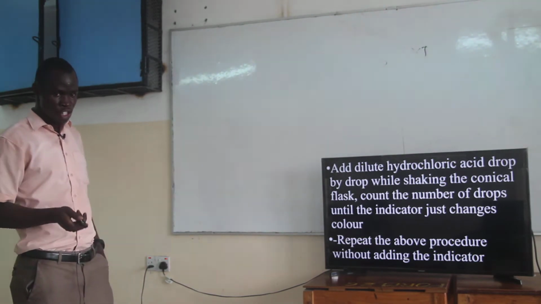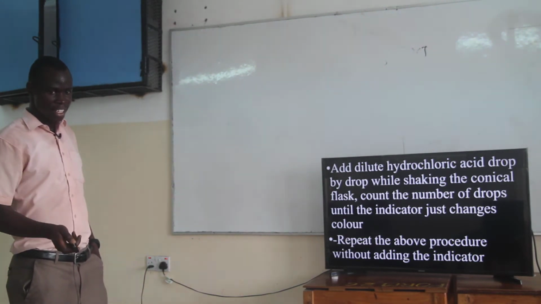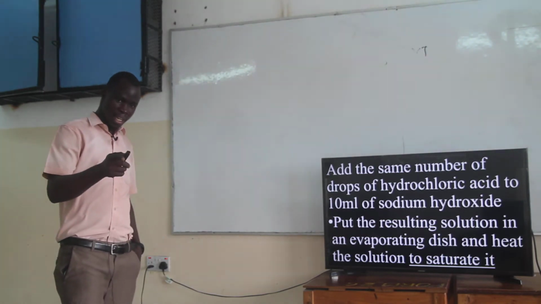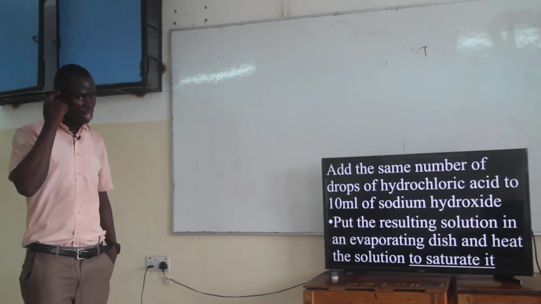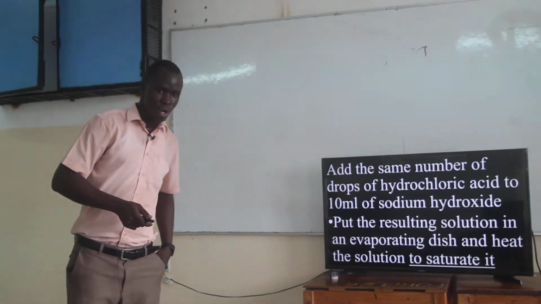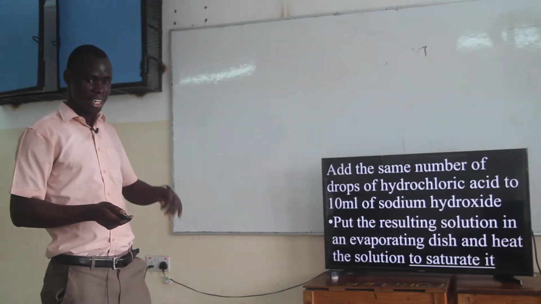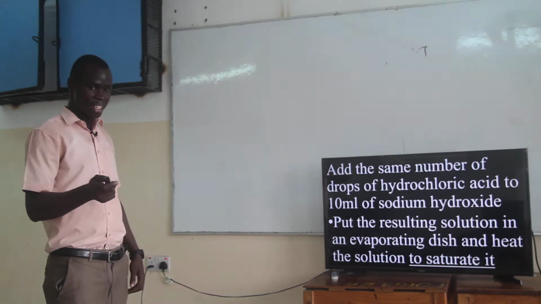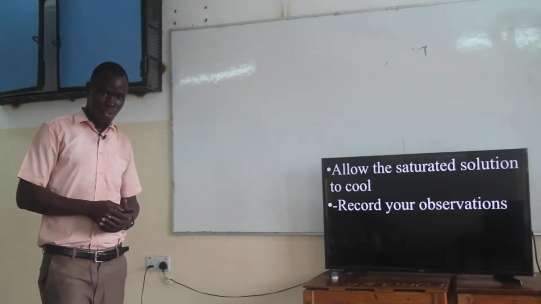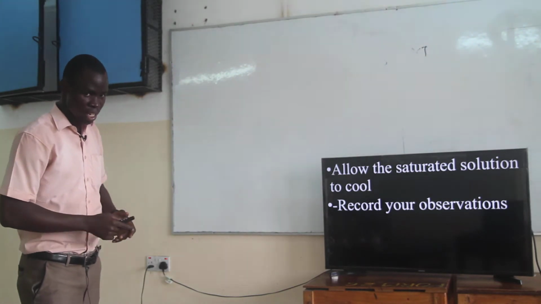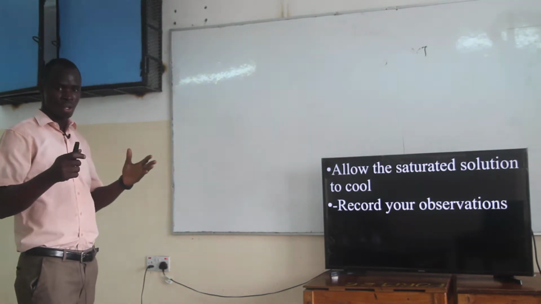Repeat the procedure without adding the indicator. Add the same number of drops of hydrochloric acid to the sodium hydroxide. Put the resulting solution in an evaporating dish and heat the solution to saturate it. Allow the saturated solution to cool. Record the observation, what you see.